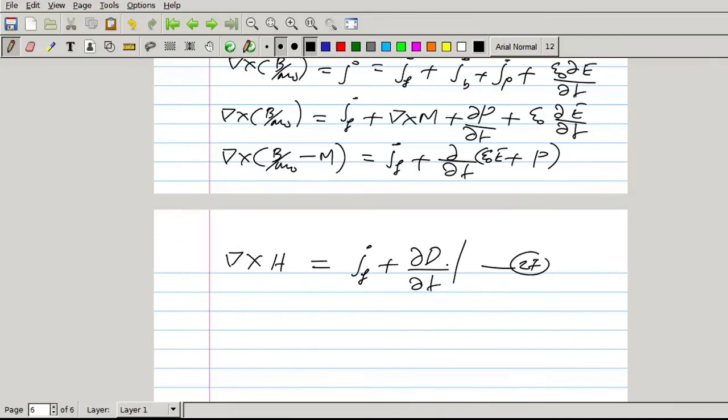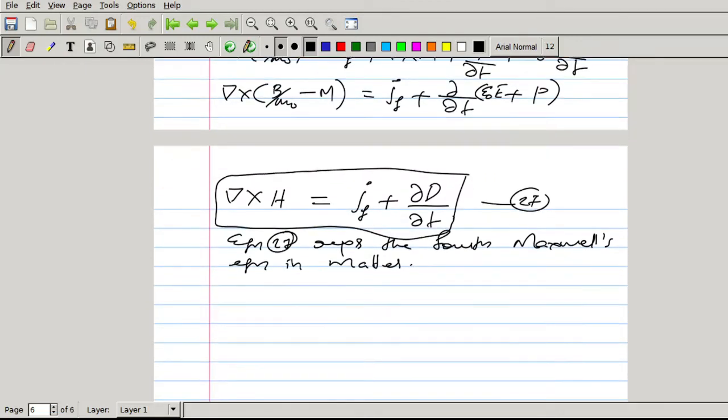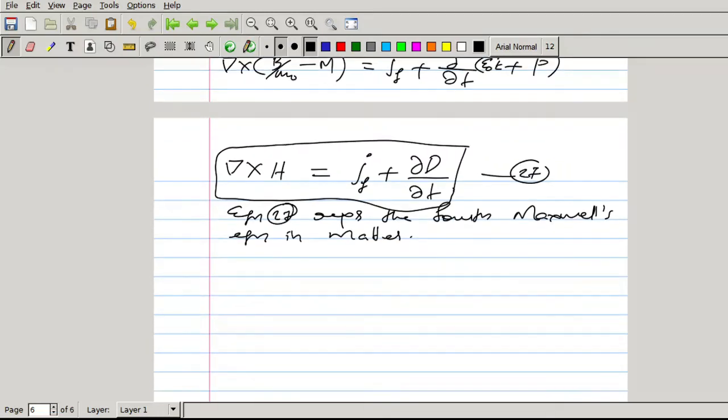So equation 27 represents the fourth Maxwell's equation in matter, where this dou D by dou T is called the displacement current density.